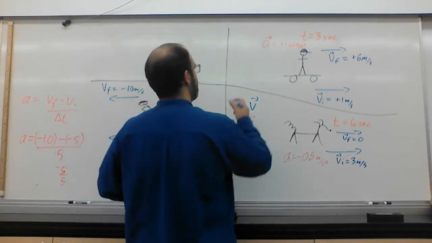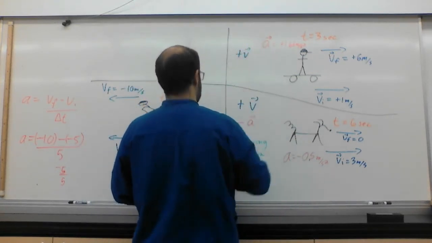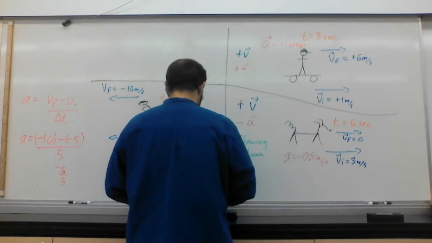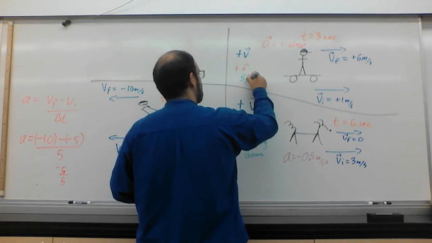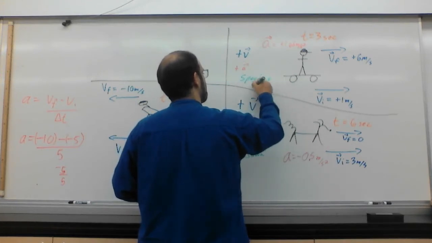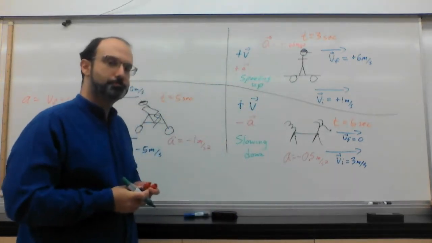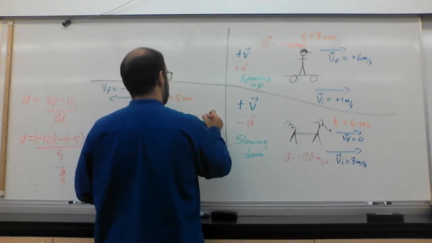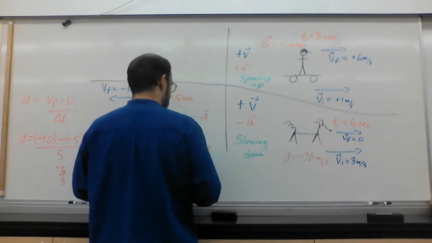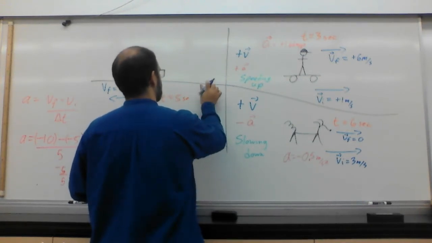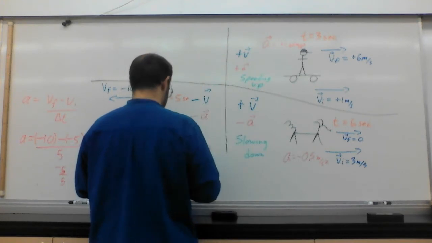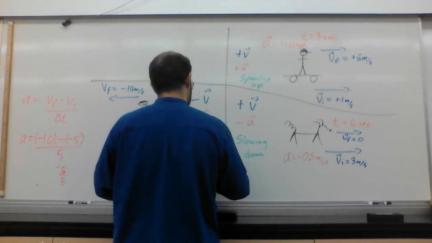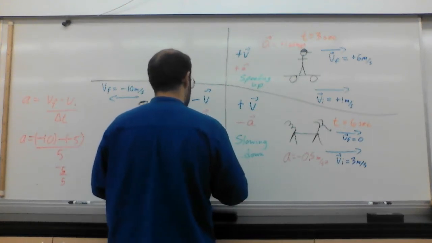Up here, we have a positive velocity and a positive acceleration. And up here, we are speeding up. Over here, we have a negative acceleration, and we have a negative velocity. And we are speeding up.